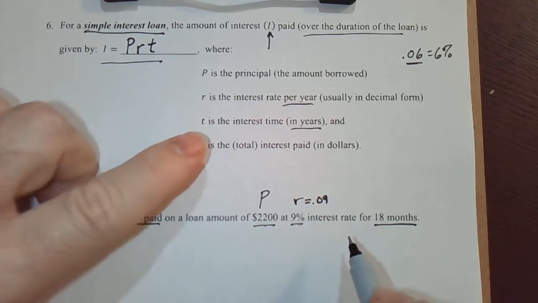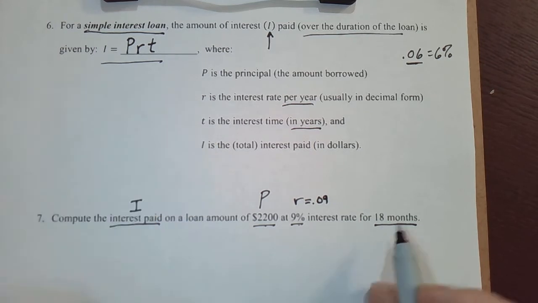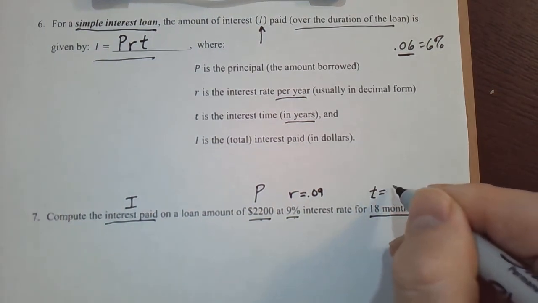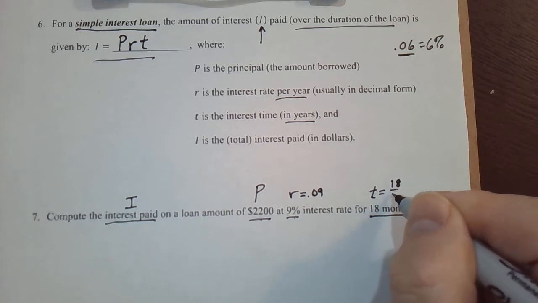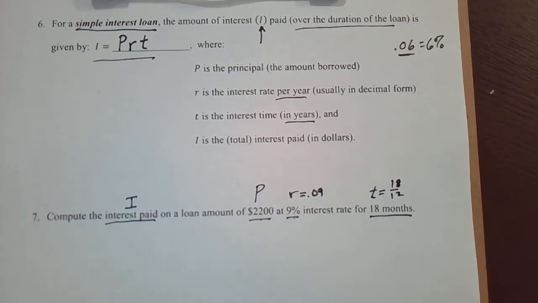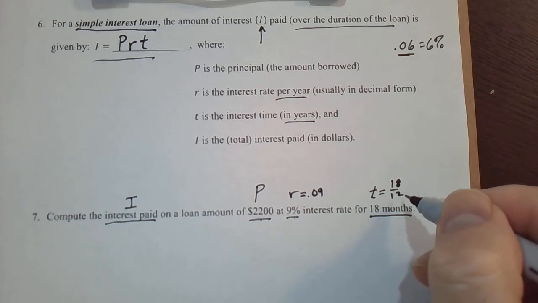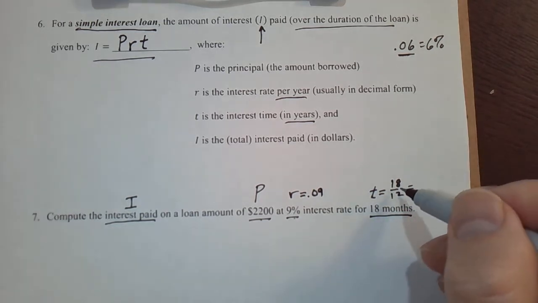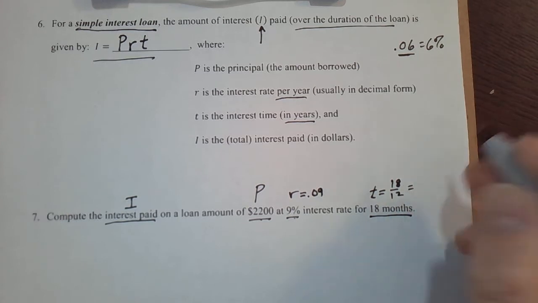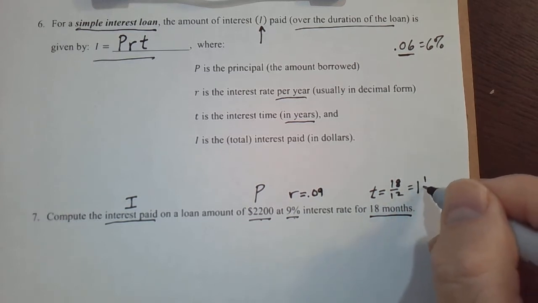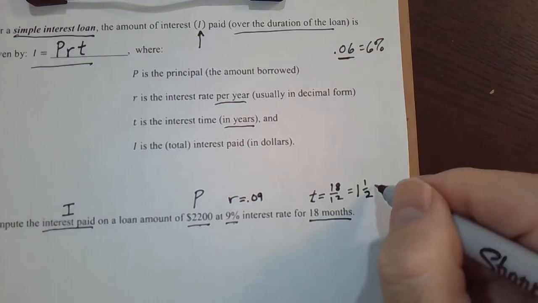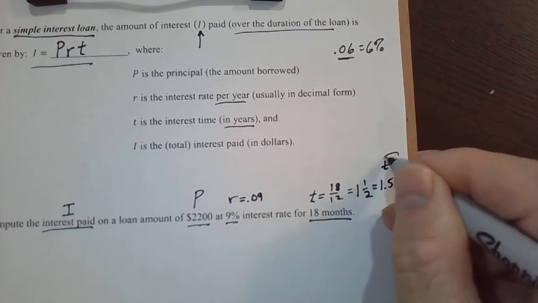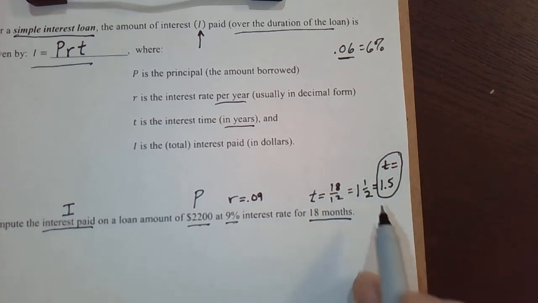And then t, the interest time in years, we're not going to put 18. 18 needs to be divided by 12, and that'll give us the number of years. That would be 3 over 2, or 1.5 years, so t is equal to 1.5.